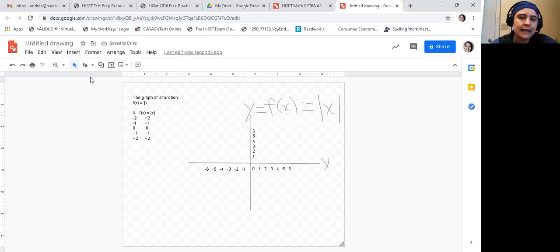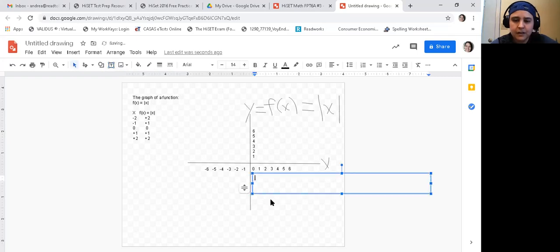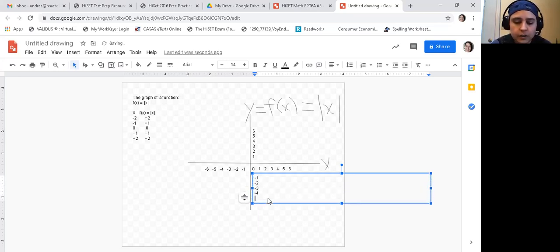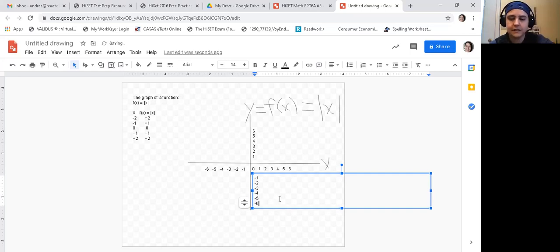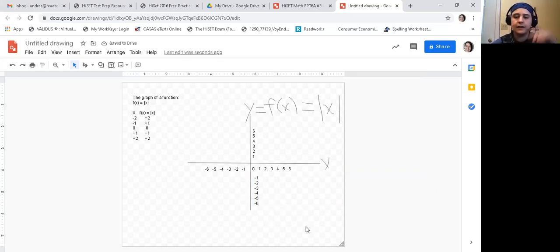All right, and then in the negative realm, I might have the opposite of that, right? So I might have -1, -2, -3, -4, -5, -6. Okay, so you can see my x-axis and my y-axis moving in all 4 directions from the center, which is known as the origin.